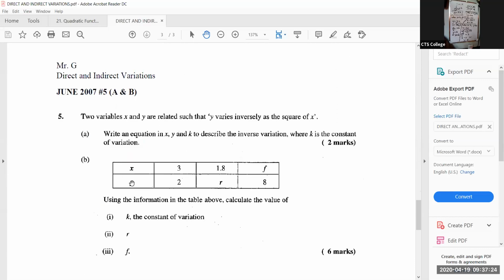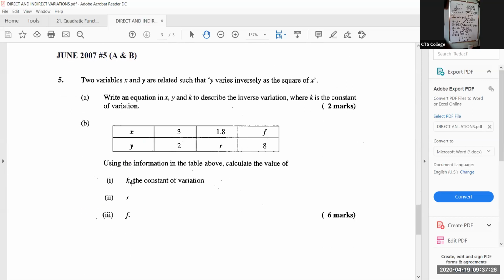Last question for variation. June 2007, number 5, part A and B, of course. Let me just erase this board. All right. Two variables, x and y, are related such that y varies inversely as the square of x.